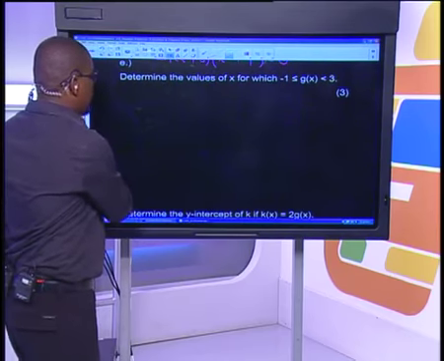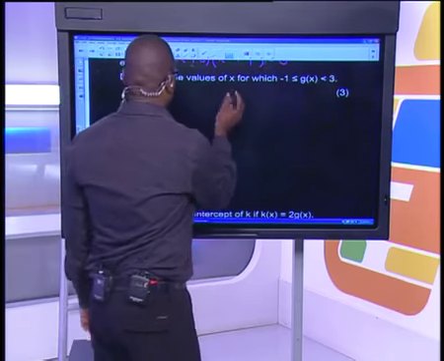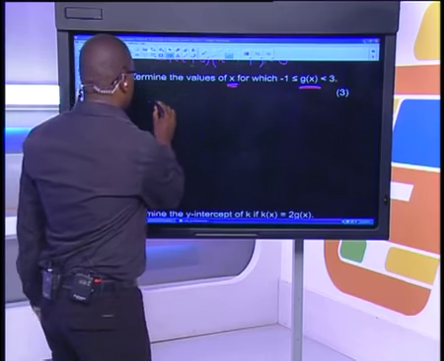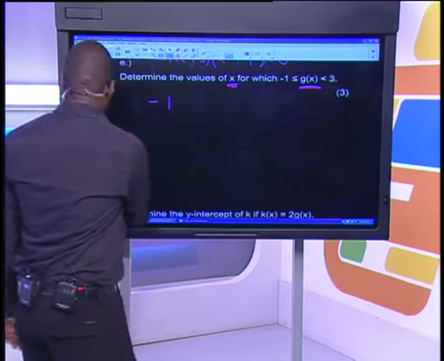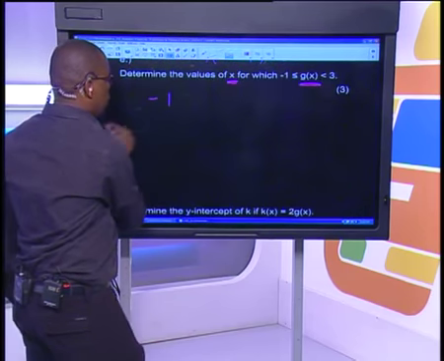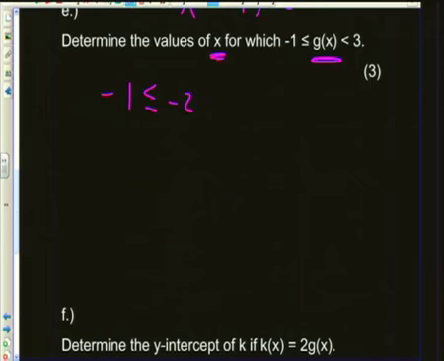Right, now find the value or values of x for which g of x will be between minus 1 and 3. All right, now, so you've got your minus 1. What is your g of x? Your g of x is negative 2x minus 4. Right? So it's minus 1 less than negative 2x minus 4 less than 3.